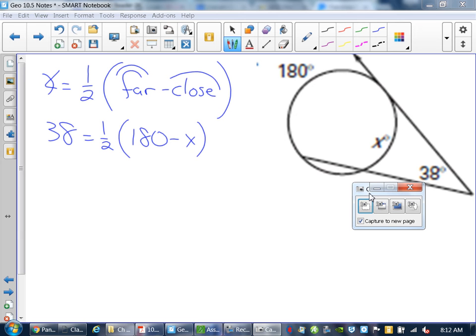What do I do? Multiply everything by 2. Very good. Get rid of the fraction. So then, what's 38 times 2? 76. So 76 then equals 180 minus x. How do you move a negative x? You add it to the other side. At the same time, what do I do with 76? Subtract 76 on each side. And what's 180 minus 76?